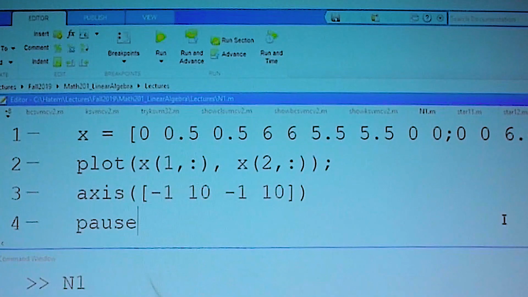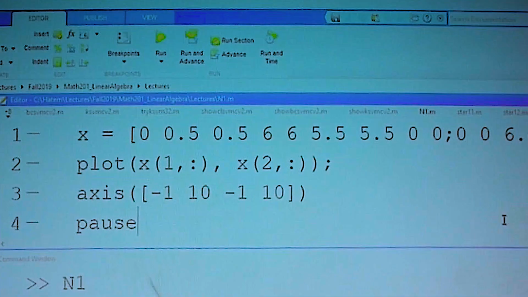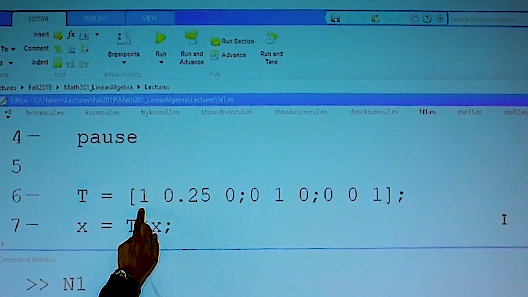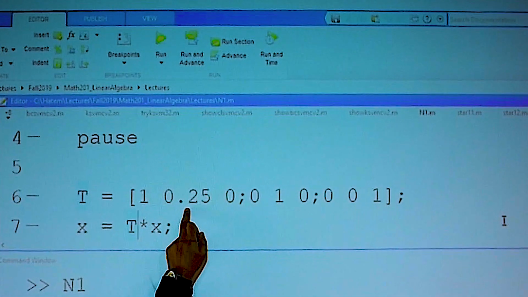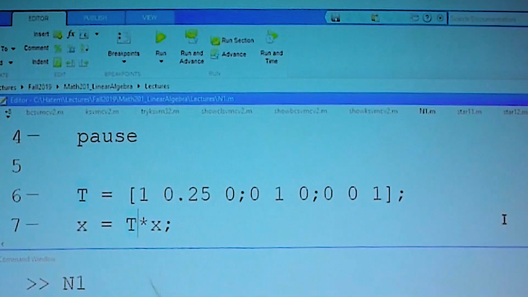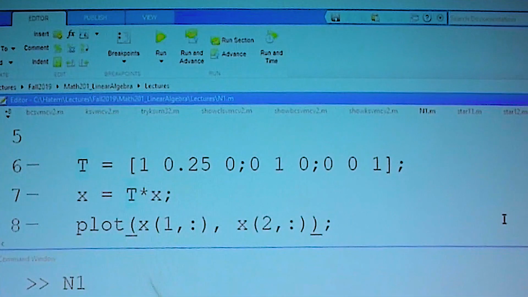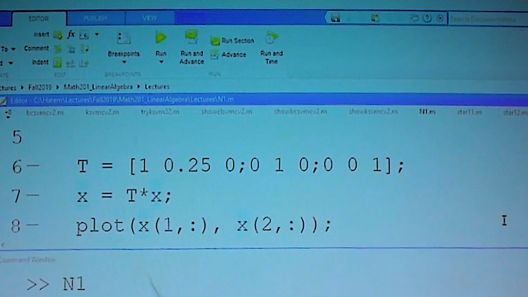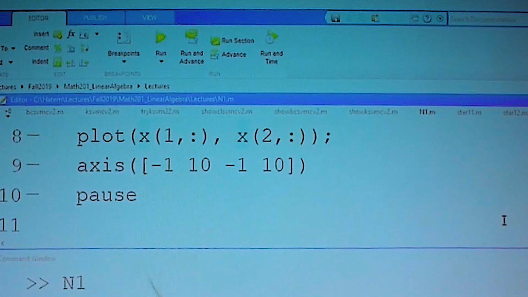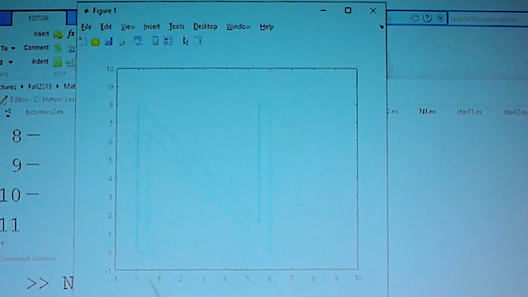We said we will do a transformation, the shear effect, where X is added to 0.205 times Y. Okay, so this is the horizontal shear in homogeneous coordinates, and then multiply T by X and replace the old X, and then plot again and pause. So let's do it here.